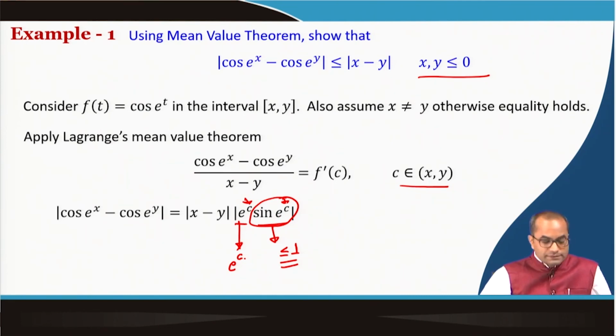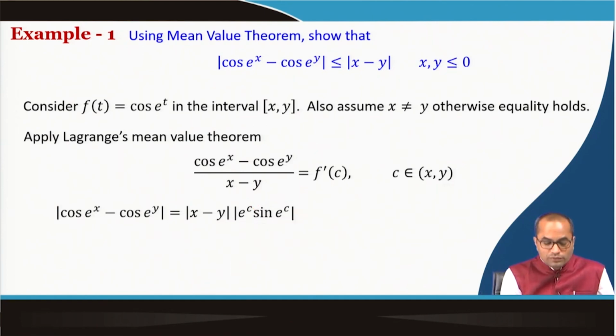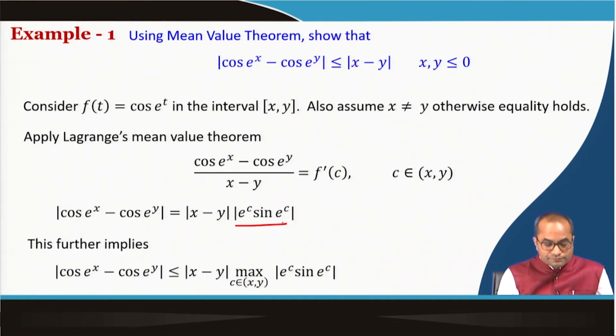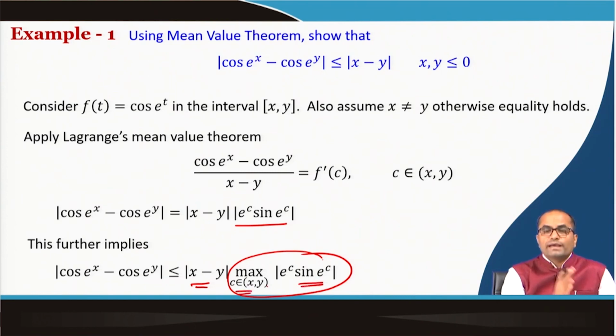So, in that case we can bound this by x minus y times the maximum of this e power c sine e power c, where c is in x to y.